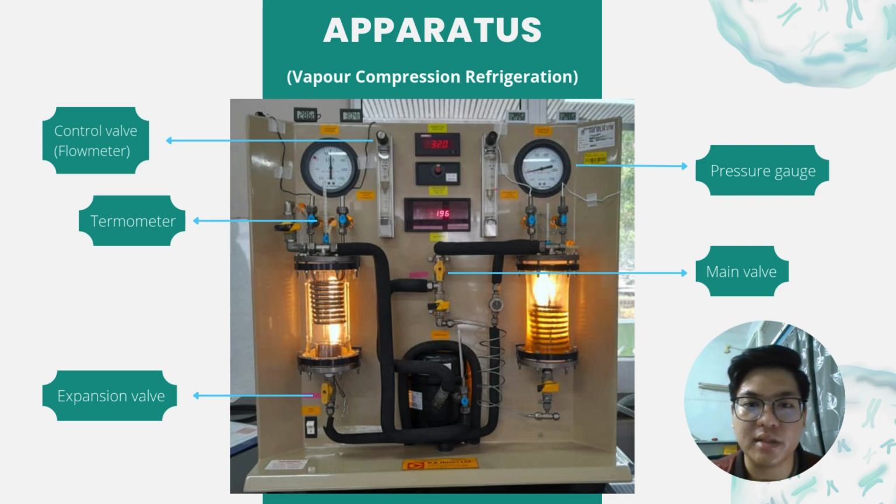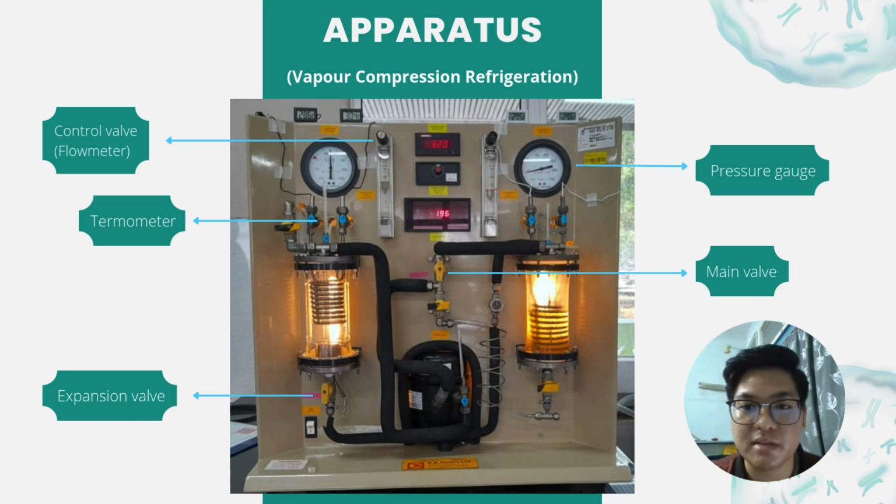Hi and Assalamualaikum. My name is Ahmad Lukman Aqil, and today I will handle the part about the apparatus. What we have here is the vapor compression refrigeration. As you can see on both sides, there is a pressure gauge. In the middle, there is a main valve, and at the bottom left, there is an expansion valve.